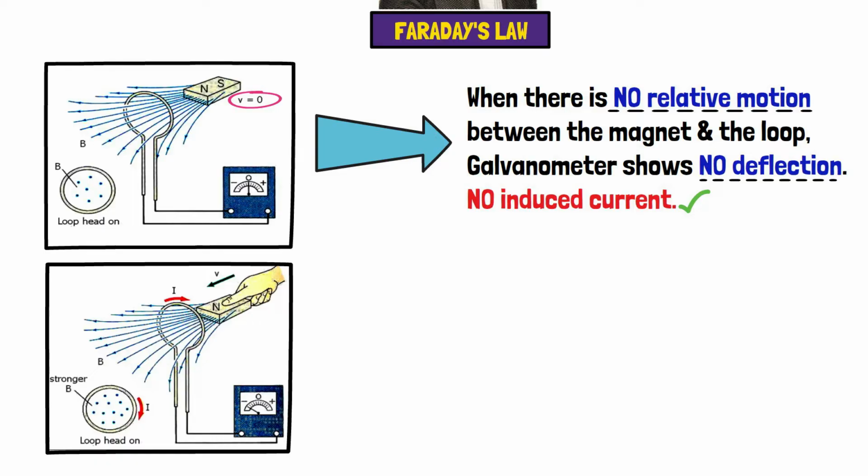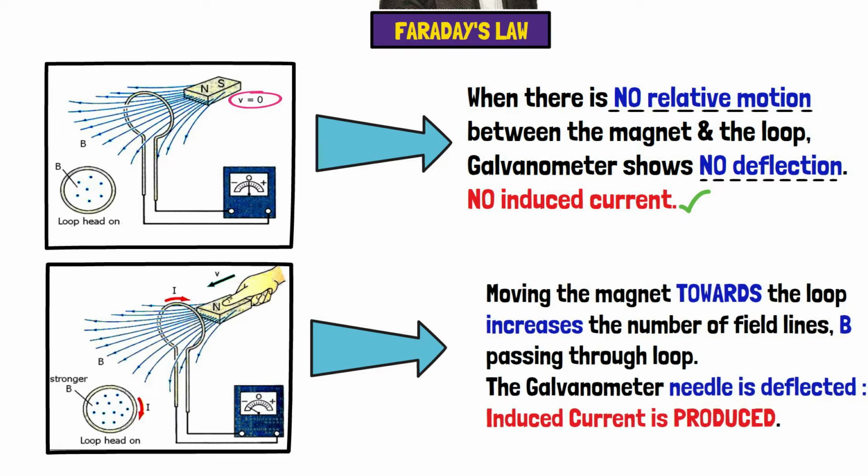So dalam kes yang kedua ini, bila magnet itu bergerak closer to the loop ataupun mendekati loop ataupun coil tersebut, kita boleh lihat jarum galvanometer itu sudah mula melakukan pergerakan sama ada ke kiri atau ke kanan. Jadi, apakah yang berlaku sebenarnya?